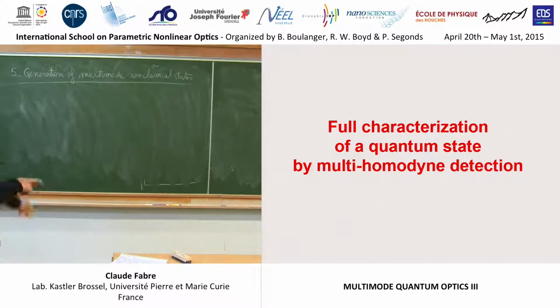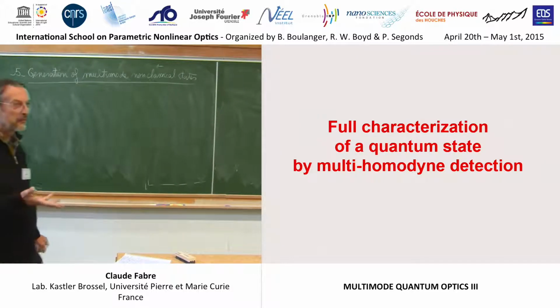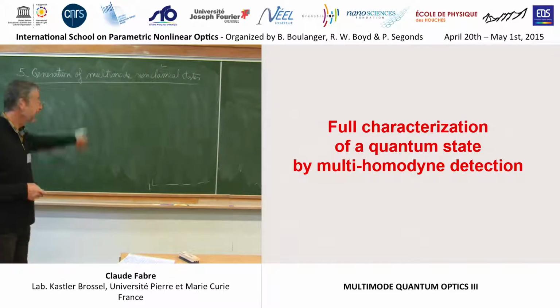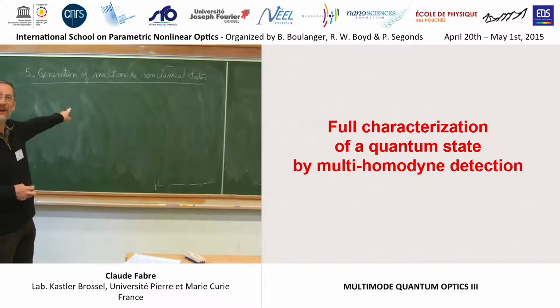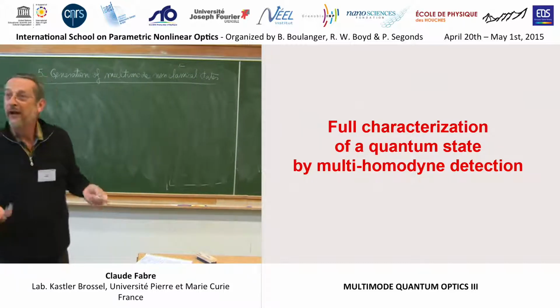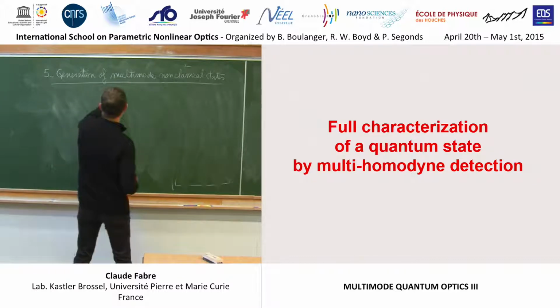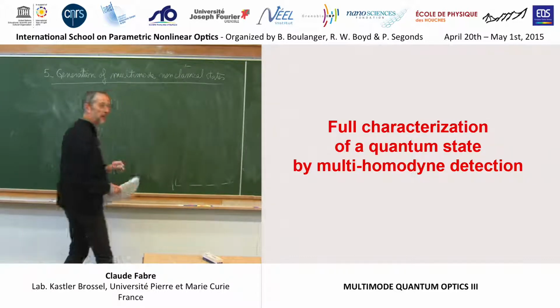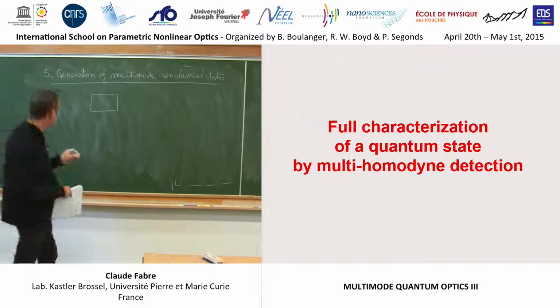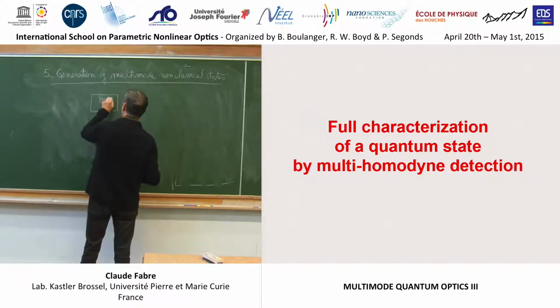So what is the connection of this series of lectures with the spring school here? It is now, because what you need for generating multimode states is nonlinear optics. Okay, so you take a box, you put a lot of things inside, of course, but mainly you have nonlinear optics inside.